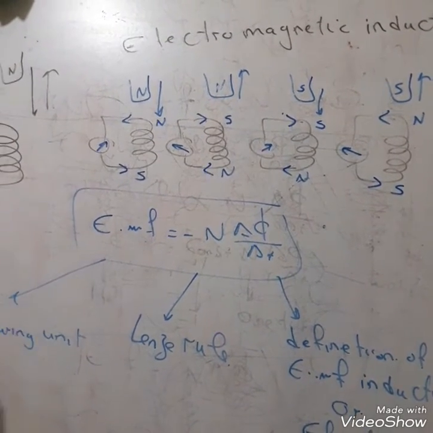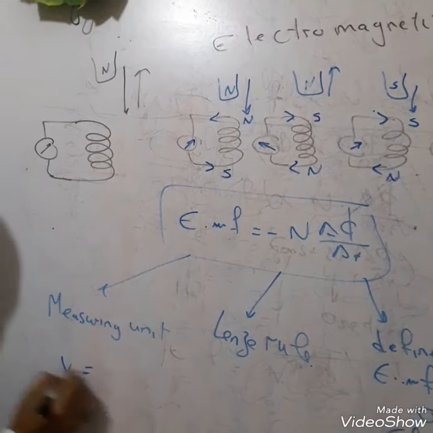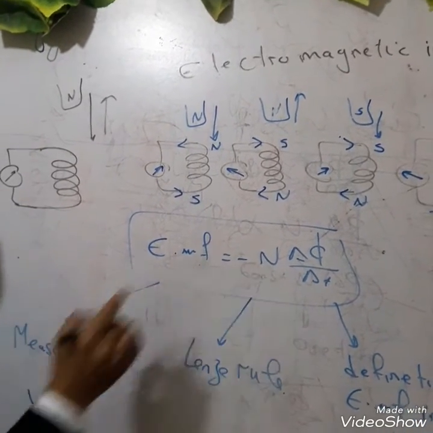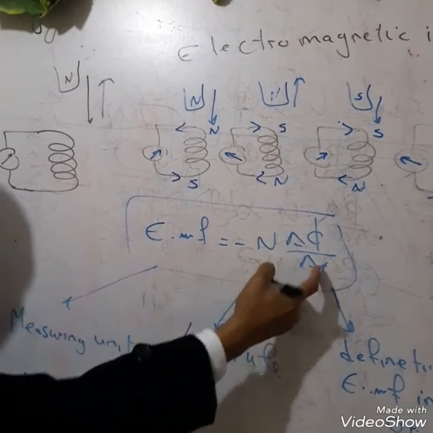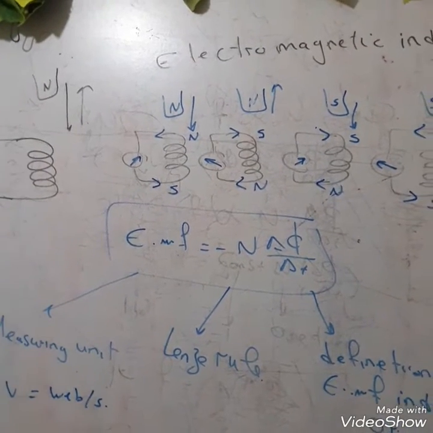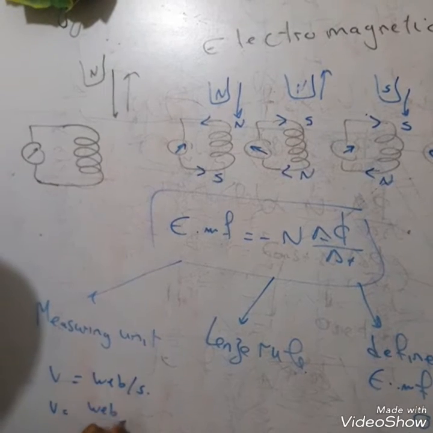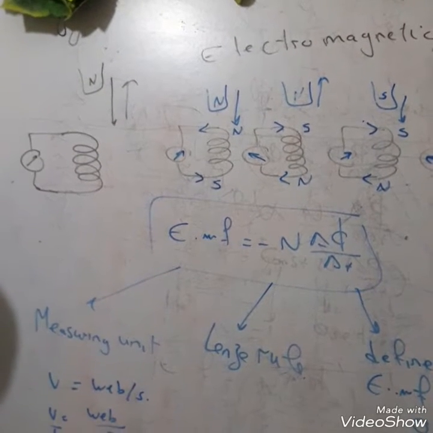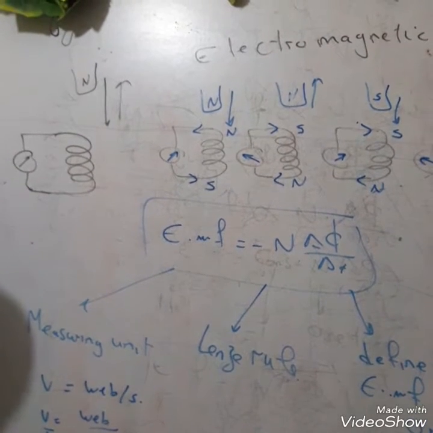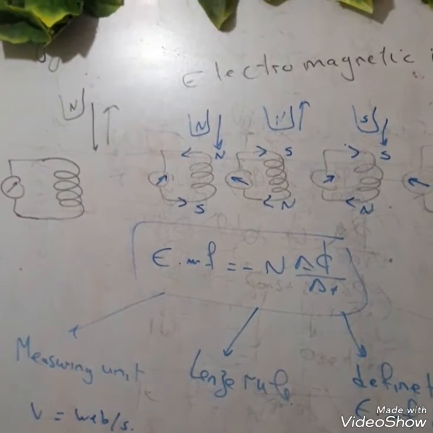Okay? Measuring unit: electromotive force in volts equals N, number of turns, times delta phi over delta T, which is Weber per second. This means volt equals Weber per second, so volt times second equals Weber.